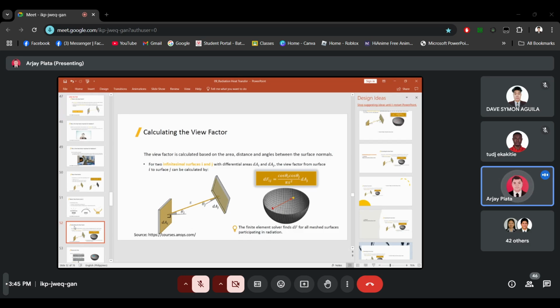For two infinitesimal surfaces i and j with differential areas dAi and dAj, the view factor can be calculated using this equation: dFij equals cosine theta i cosine theta j over pi s squared.